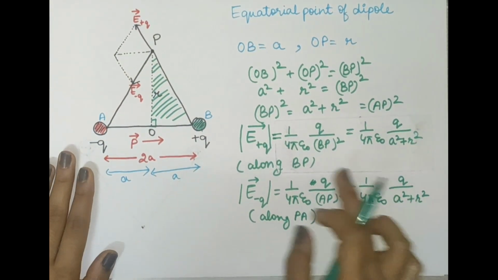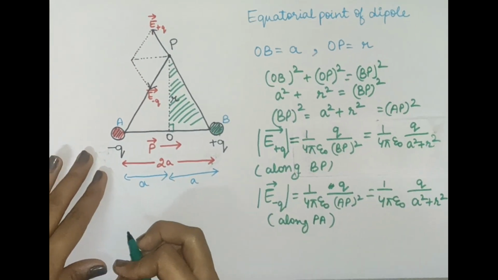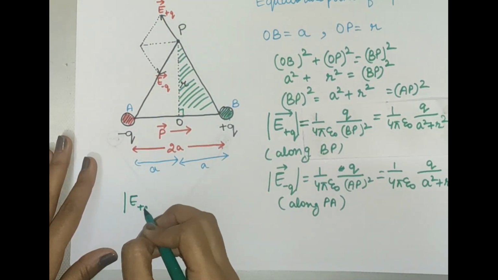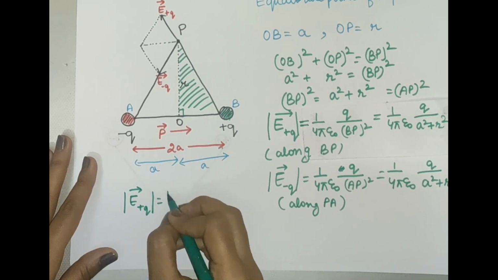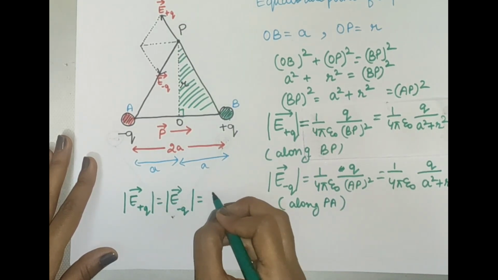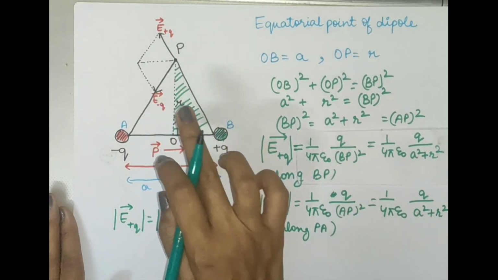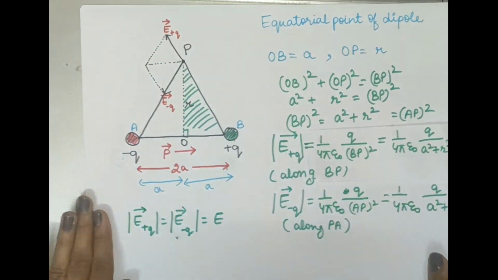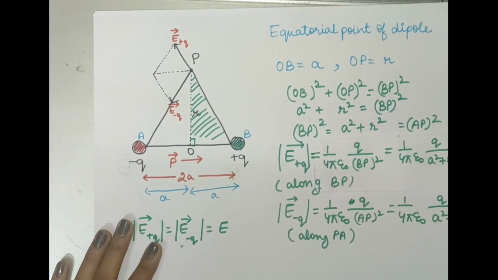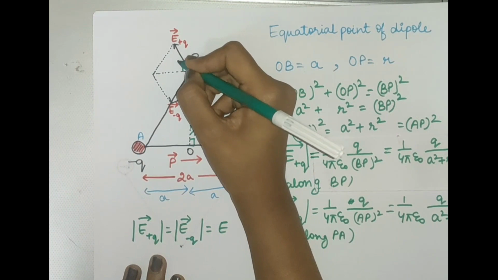Now we see that the magnitude of both the quantities is same. So let us represent the magnitude as E plus q magnitude is equal to E minus q magnitude is equal to E. Now coming back to this diagram, I am going to resolve my vector E into its rectangular components.